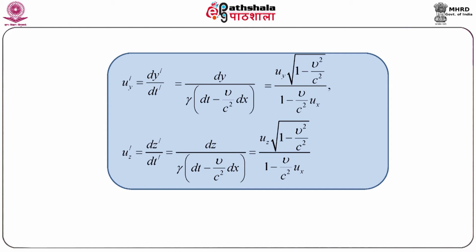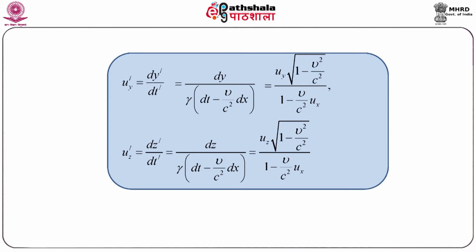We have already obtained dt'. Here we have just written this result. Gamma is equal to 1 divided by square root of 1 minus v squared divided by c squared. If we divide numerator and denominator by dt, we get this result.